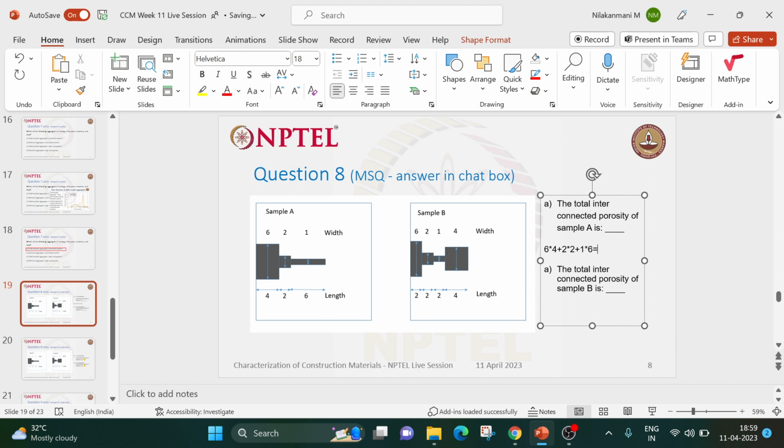So that will be the porosity. 6 fours are 24, plus 4, 2 twos are 4, plus 6. So totally it will be how much? 34.